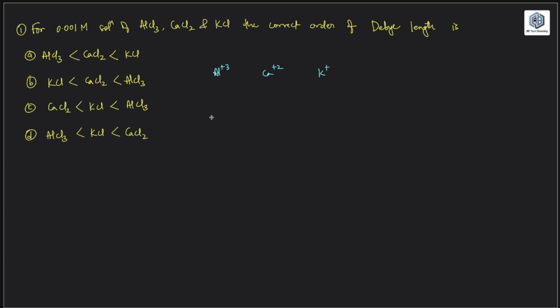Now Debye length, that is lambda D, is given by the square root of epsilon kBT divided by 2e square z square NA multiplied by the concentration. So this is how you calculate the Debye length.